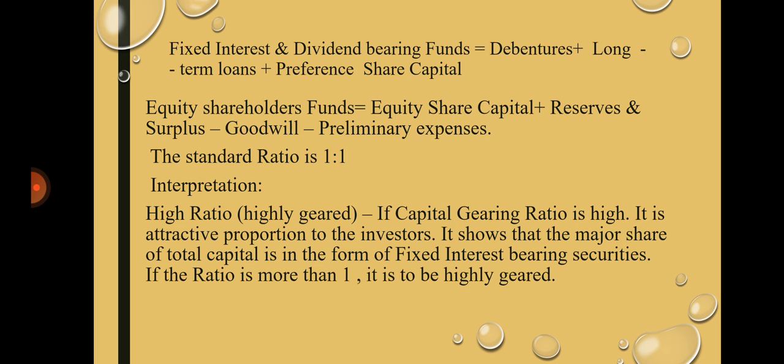The ideal or standard ratio is 1:1, which means there has to be an equal proportion between fixed interest and dividend bearing funds and equity shareholders' funds. Suppose the total capital of the firm is 1 crore, then the capital should be split in 1:1 proportion, that is 50 lakh through equity share capital and another 50 lakh through fixed interest and dividend bearing funds.